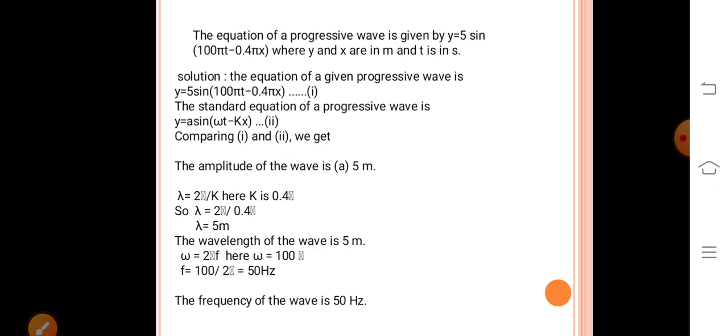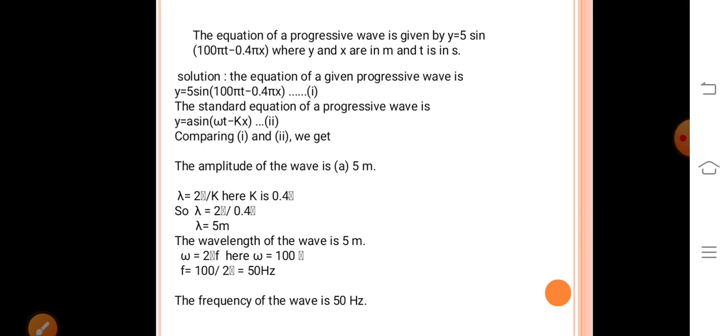Here is a numerical question on progressive waves. In this question, given the progressive wave y equals 5 sine (100 pi t minus 0.4 pi x), we find the frequency and the wavelength. So the solution becomes: we have to compare the given equation and the standard wave equation. We find lambda is equal to 2 pi by k.